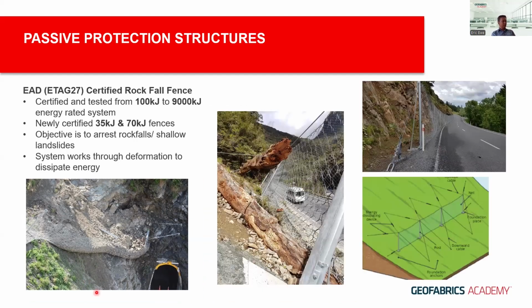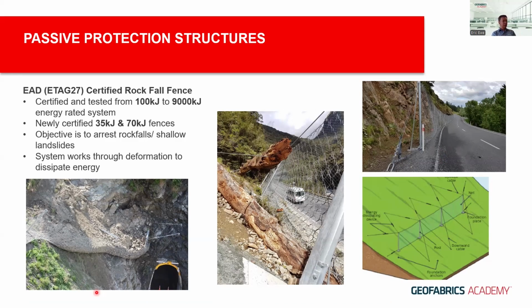So the first type of passive protection structures comes down to what we call the ETA, or EAD, sorry, formerly known as ETAG 27, certified rockfall fences. And they are certified nowadays from 35 kilojoule low energy barriers all the way up to 9,000 kilojoule, with their rating system independently certified under the EAD procedures.